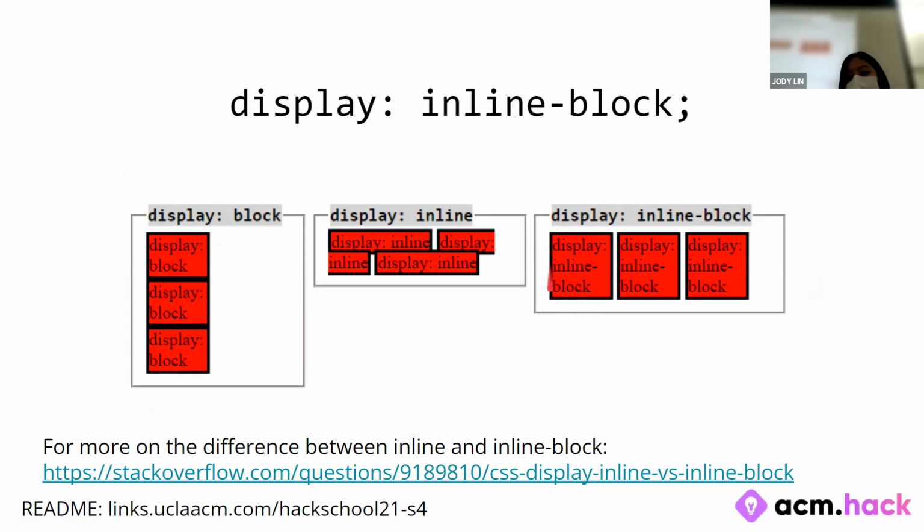So the width and the height of the element are preserved, and then instead of putting a new line automatically, things will just pop up right after each other. If you put images on your page, they follow this behavior. And we also have inline. Inline doesn't care about the width and the height. It'll just take up however much space it needs to take up. And there's no new line, and you can see it's sort of one after the other.